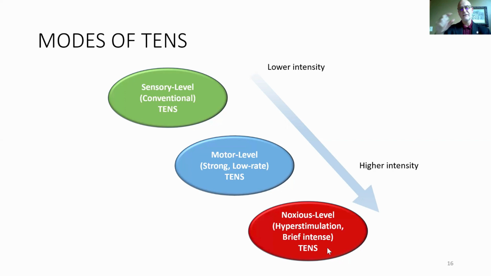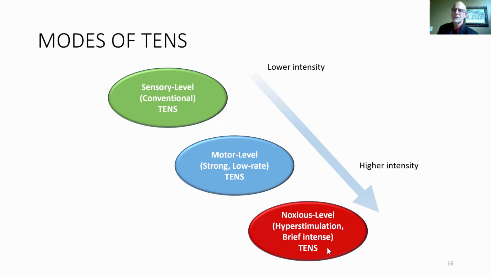Once you have enough intensity to depolarize that nerve, then you're going to get a sensory signal. And if you keep turning it up to a higher intensity, then you may also get the motor level response. So most of the time what you feel is a sensory level, and that's because the sensory nerves are closer to the surface of the skin, so they're easier to stimulate because of their location.